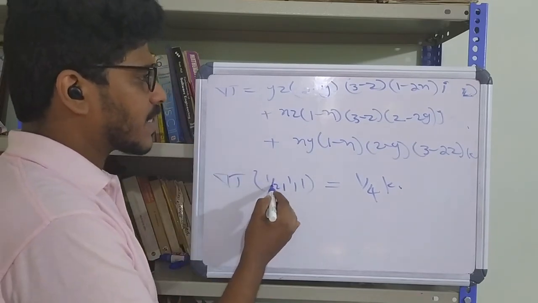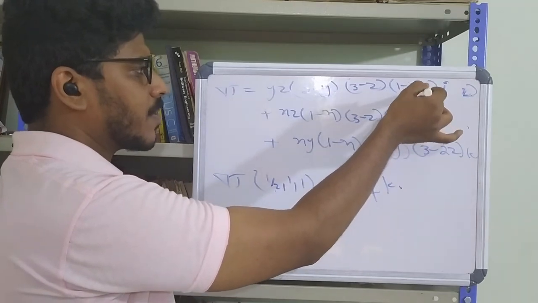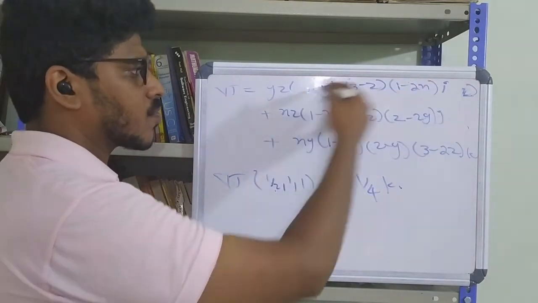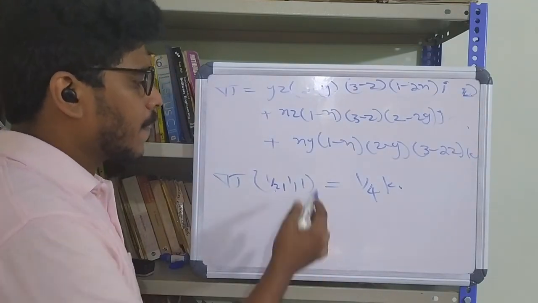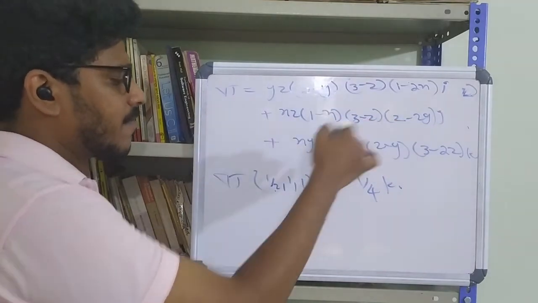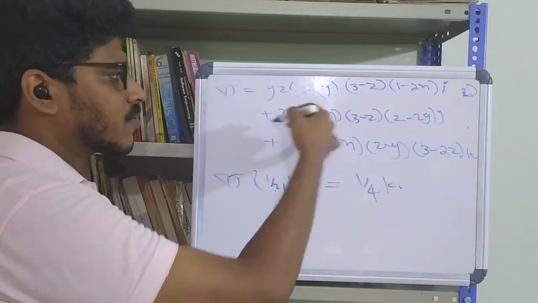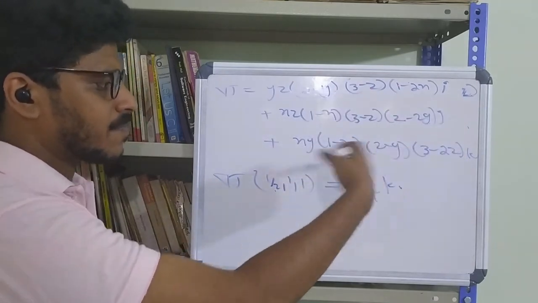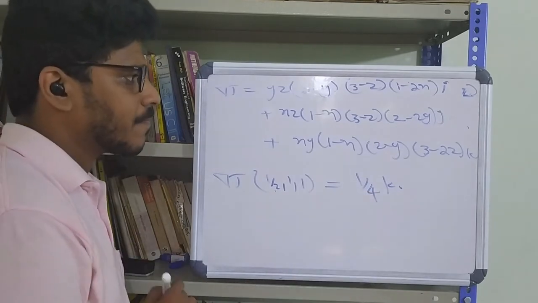If you substitute x equal to 1/2, then 1 minus 2x is 0, so that term vanishes. If y equal to 1, then 2 minus 2y is 0, so that term is 0 too. What is left is the last part, and if you substitute and simplify, you get 1/4 k.